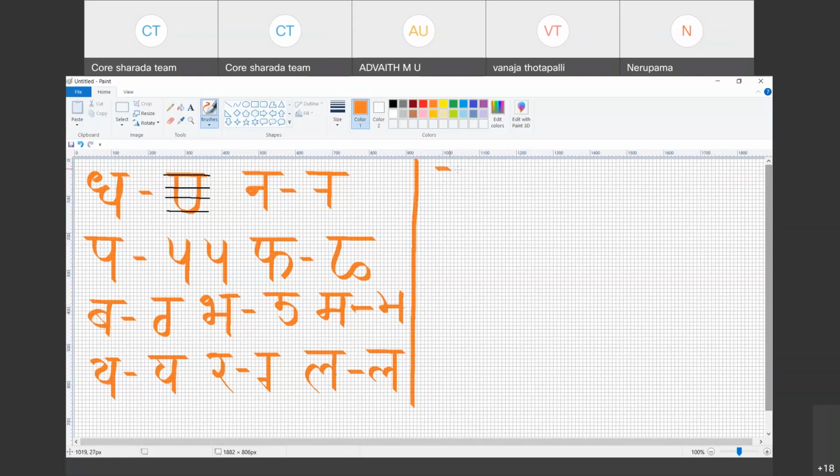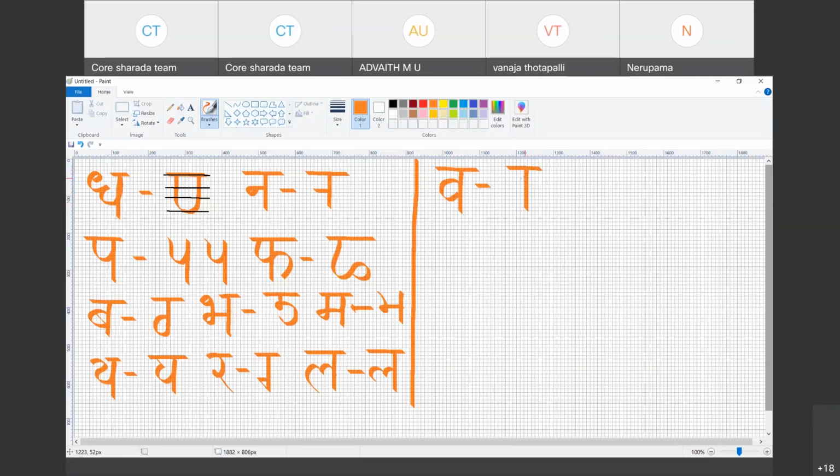Then we'll see va. Straight line, same as we have for Devanagari. But here we are not going to make a round.